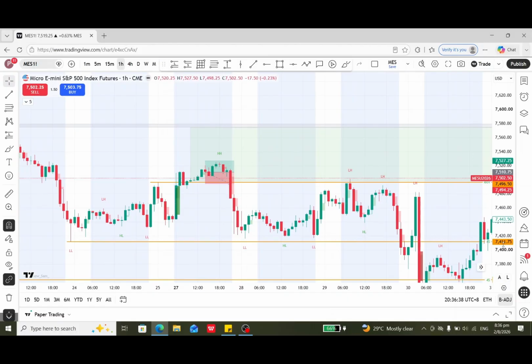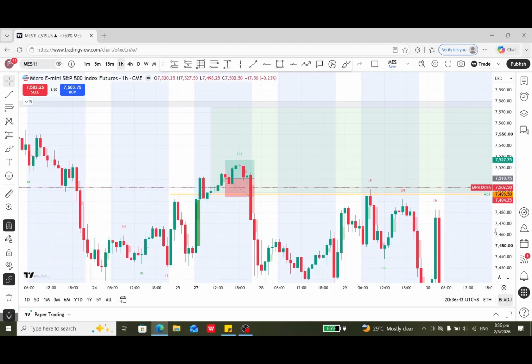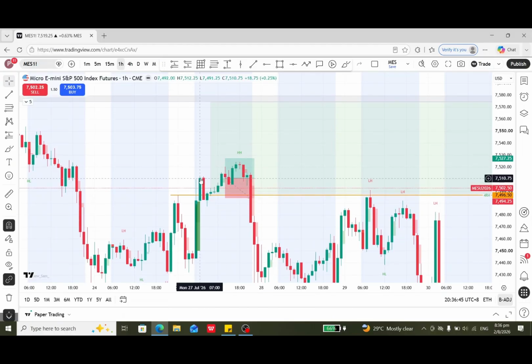On the 1 hour, I place the pending order. The alarm is on here because I want the breakout from this level.